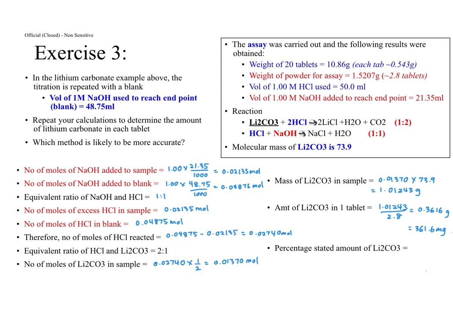Since the stated amount of lithium carbonate in one tablet is 400 milligrams, the percentage stated amount would then be 361.6 milligrams divided by 400 milligrams times 100%. So that's 90.4%.